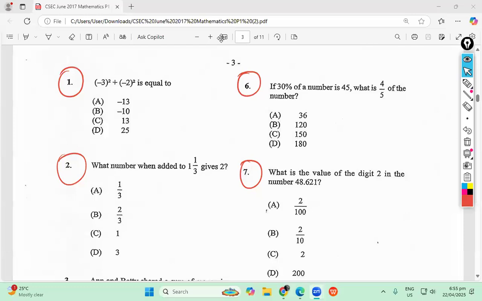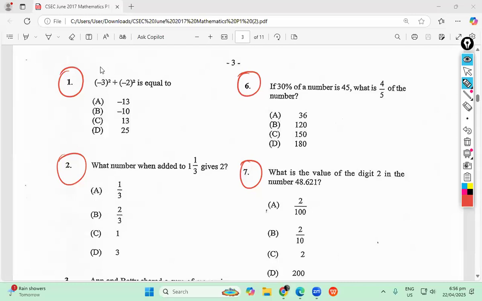Right. Now, I did see some wrong answers for number 1, right? Now, we have to keep in mind that whenever you square anything in the world, well, for CXC purposes, you always get a positive value. If you square a negative, you get a positive. Even if your calculator shows you a negative, that just means you typed it in wrong, okay?